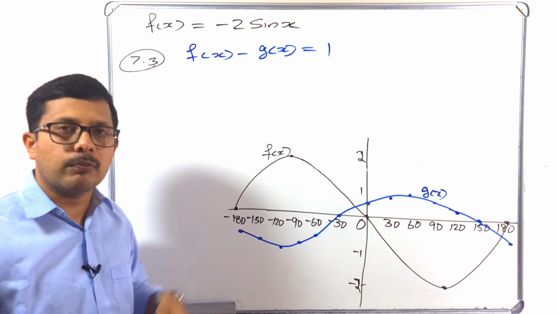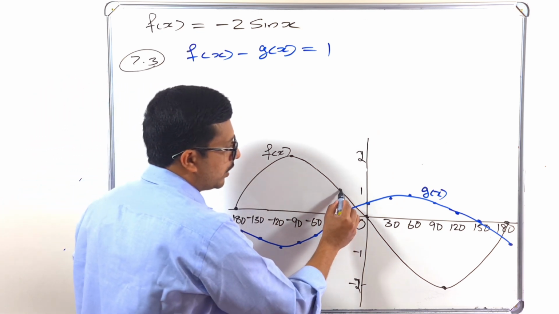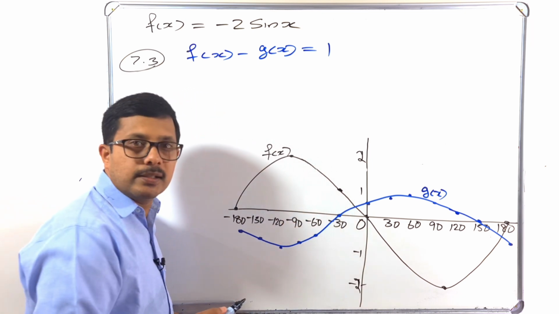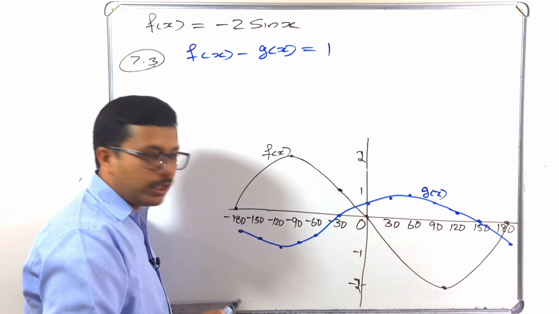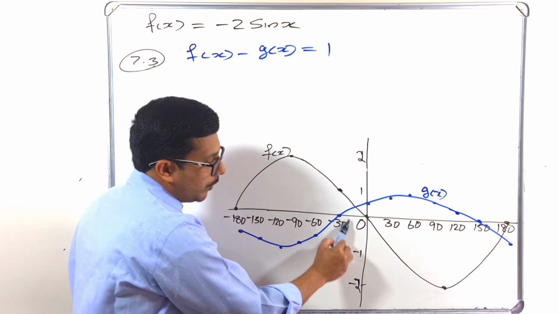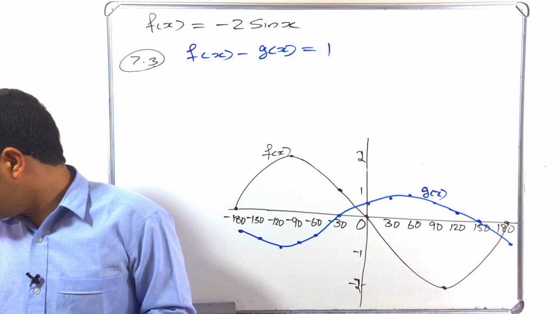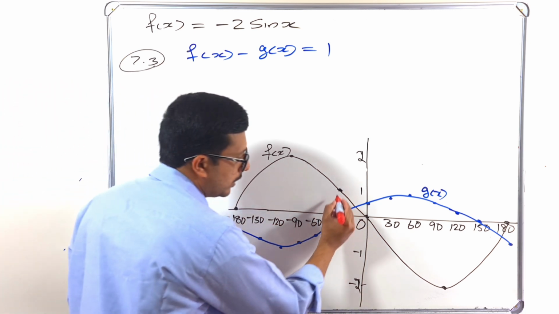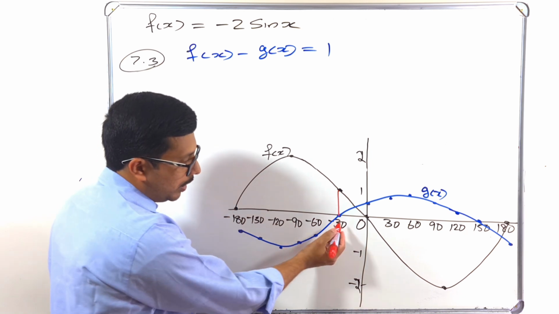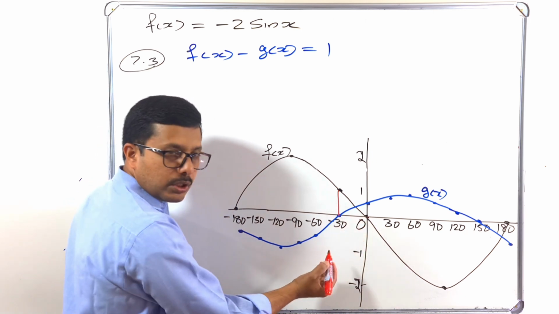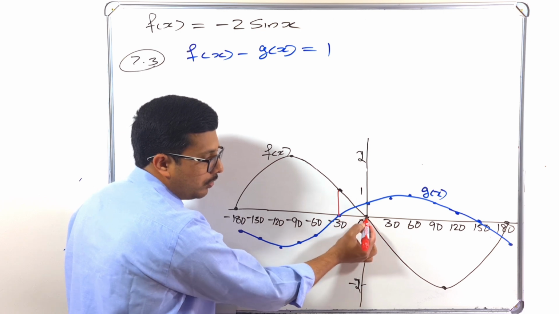So look at your graph paper, on the question paper. There you can see that when it is minus 30, can you see exactly the f of x graph? What is the y value? 1. So when x is minus 30, what is the difference between the two graphs? It is 1 unit, because at this point, what is the y value? 0.